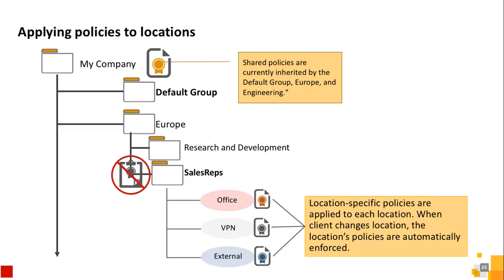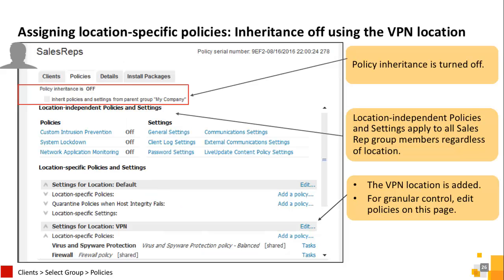The location-independent settings from the sales rep group and policies assigned to the specific location are enforced when a member of the sales rep group switches to a location. When you add a location for a group, location-specific policies are automatically assigned. You can edit the policy on the Policies page, or for more granular control, edit location-specific policies here.